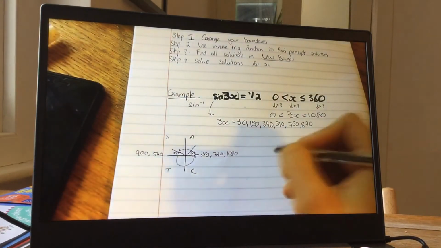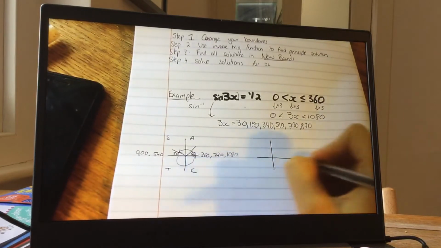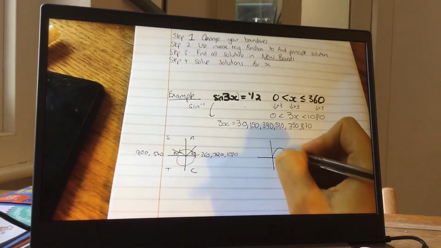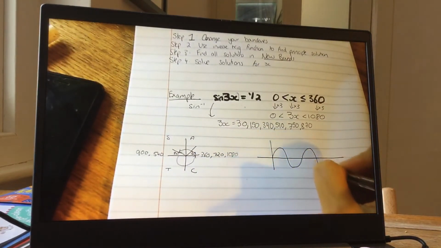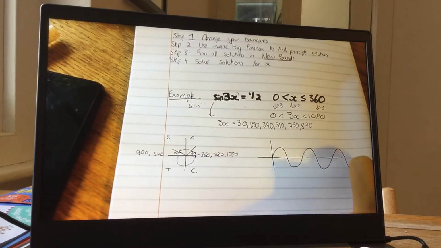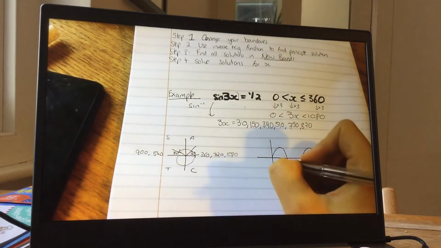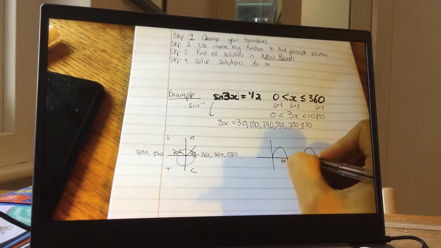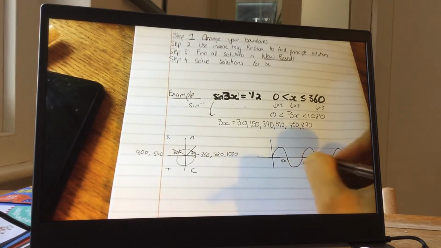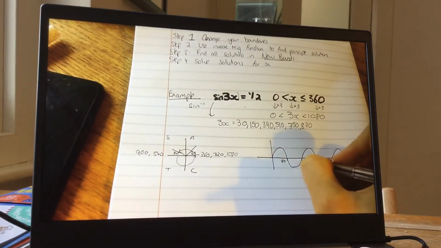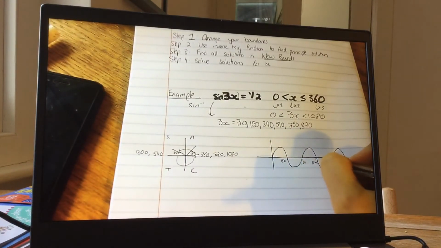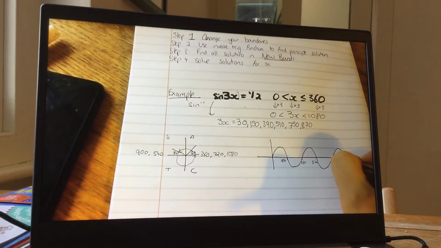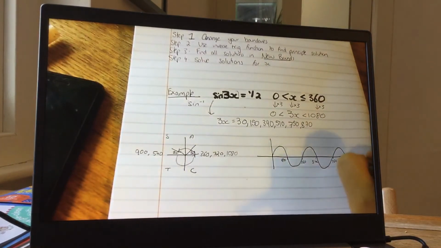If I wanted to do that using the sine curve, then I would need to realise that I'm going to need lots of repeats to go all the way up to 1080. So here is my 180, here is my 360, there is my 540, there is my 720, there is my 900, and there is my 1080.